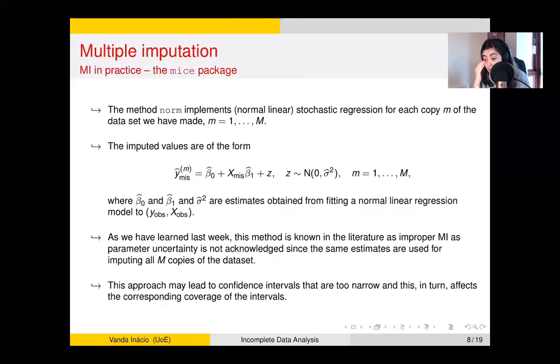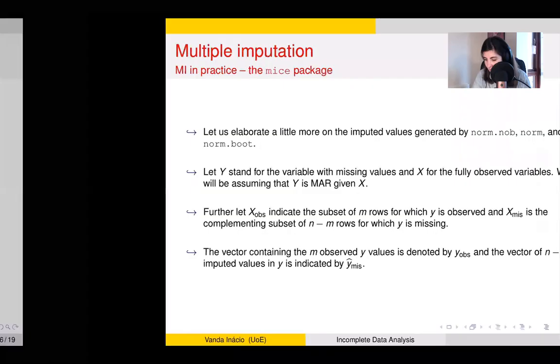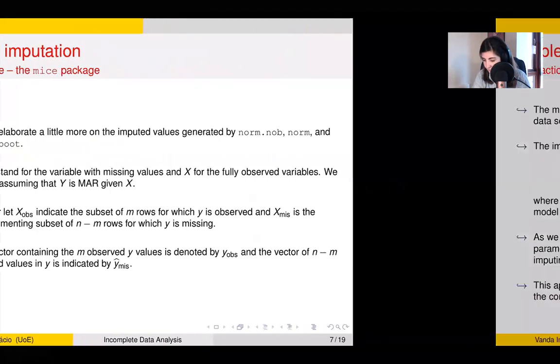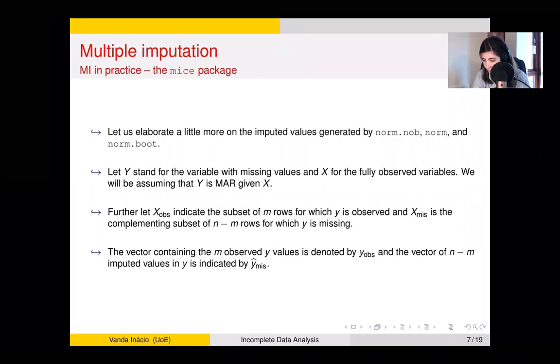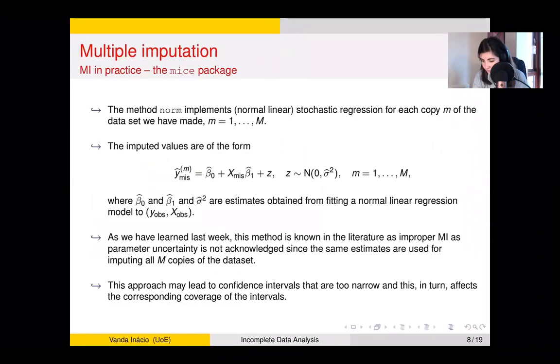Here it should be, sorry, it's norm.nob. I will correct it. It's norm.nob that implements stochastic regression imputation without acknowledging parameter uncertainty.